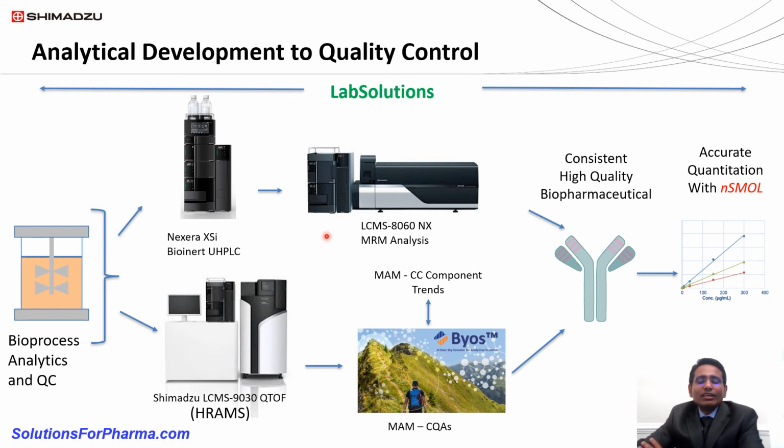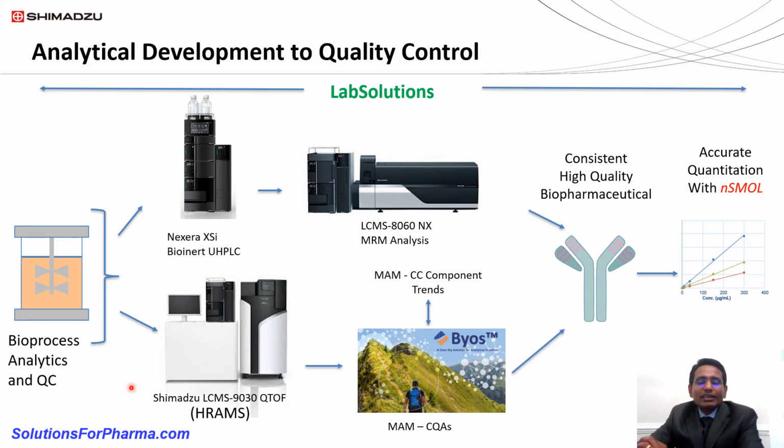Now you are thinking you want to do peptide MRM based quantitation analysis for your digested peptide or any kind of peptides. In that case, LCMS 8060NX would be highly beneficial.